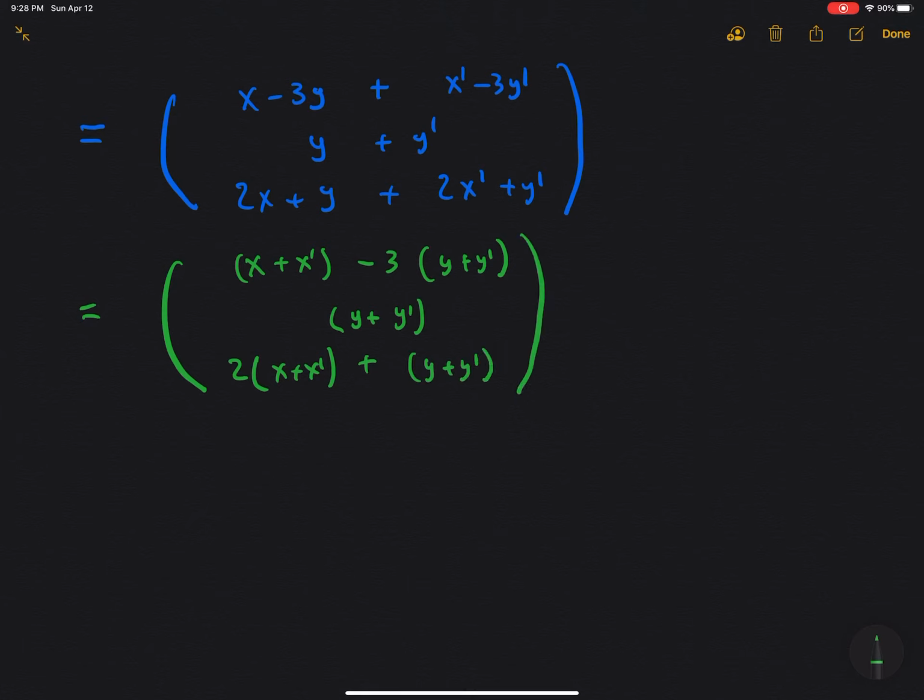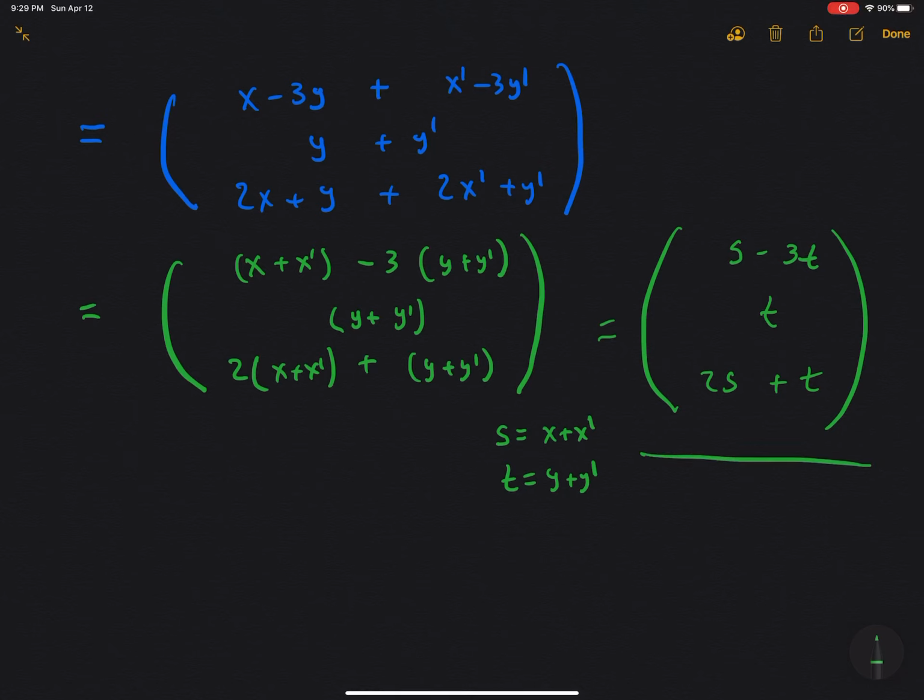To see that this is of the required shape, I'm going to relabel the parameters. Let me call the parameter x plus x prime by s, and the parameter y plus y prime by t. So what we have is s minus 3t, t, and 2s plus t.